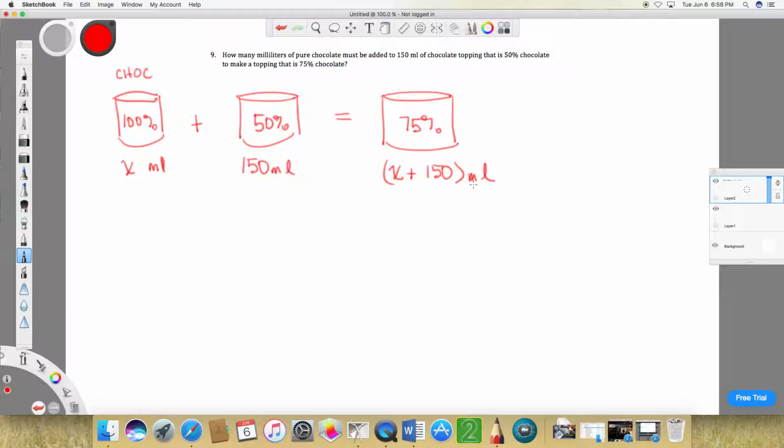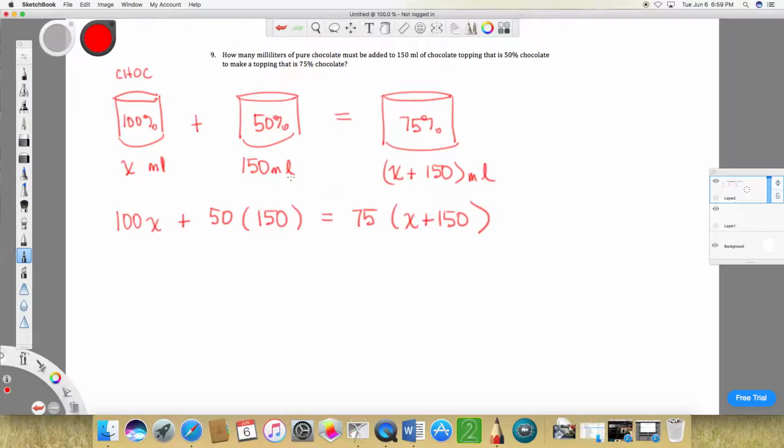All right, so now we want to use this to set up an equation, and so we multiply the concentration times this volume, and we have 100x plus 50 times 150, and that will equal 75 times (x plus 150).